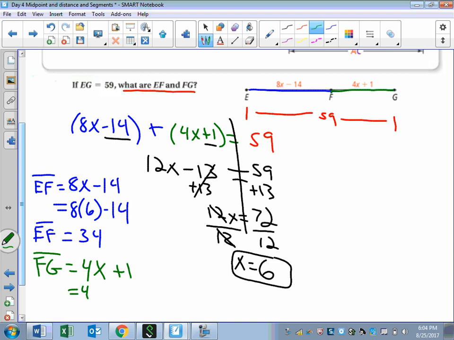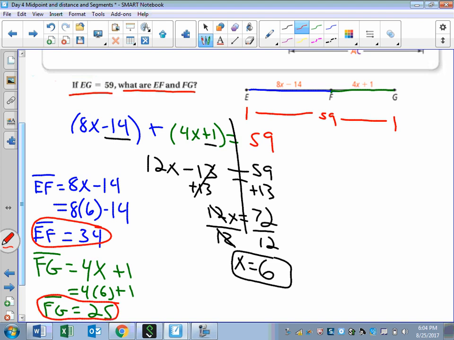So we got 4 times 6 plus 1, and that's going to be 25. Okay, so EF is 34, and FG is 25. And that works out because we know the total thing has to be 59.